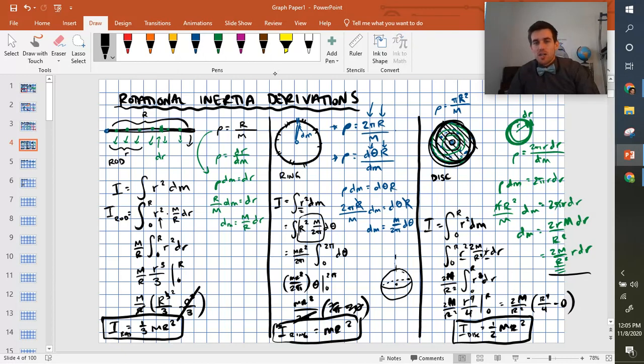So if we're rotating along this axis here, we just do a stack of disks that descend down that way. Or you could do an infinite number of cylinders. And cylinders would be very similar to doing rings. So either way you want to do that, if you want to try and attempt those, let me know if you get stuck, if you want any help.